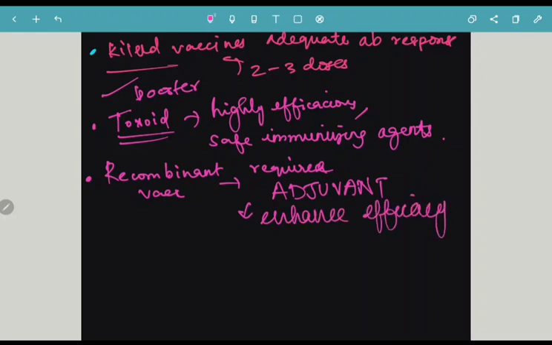Very important: toxoid vaccines are highly efficacious and safe immunizing agents, whereas recombinant vaccines require adjuvant for enhancing their efficacy.